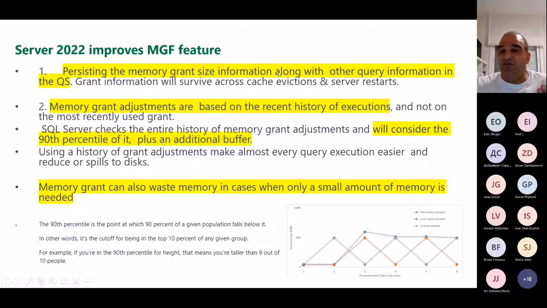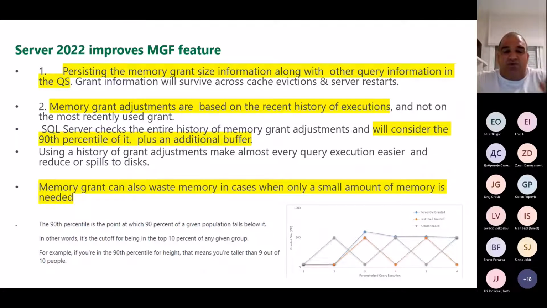Persisting the memory grant information along with other query information in the query store. The query store stores all the memory consumption, so all the history. So even if the plan is evicted from the memory, the memory consumption is still there. So grant information will survive cache eviction and server restart. Memory grant adjustments are based on the recent execution history and not on the most recent used grant.